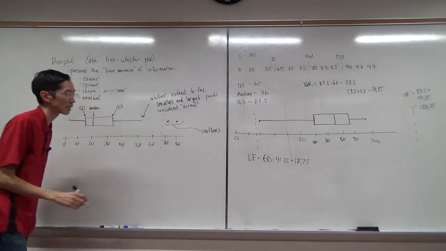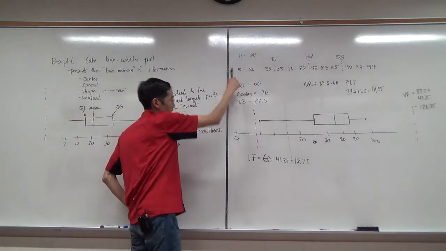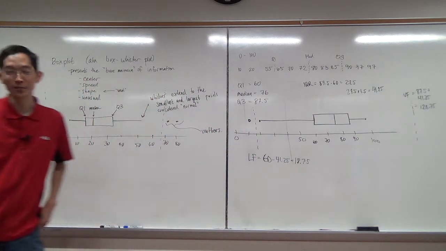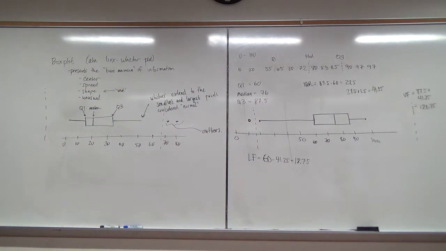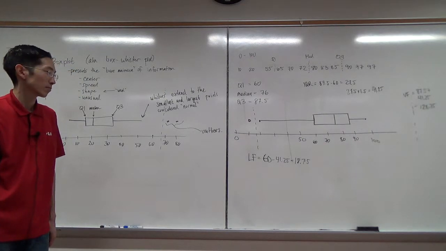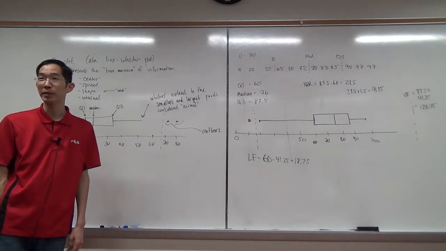But then this poor guy who scored 10%, he is indicated as an outlier. And this is what our box plot looks like. How are we feeling about that?